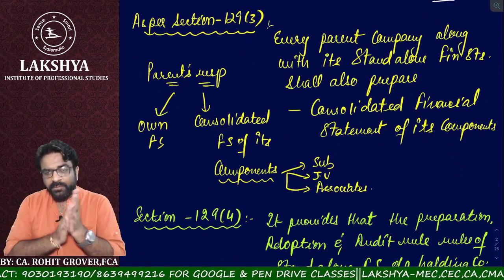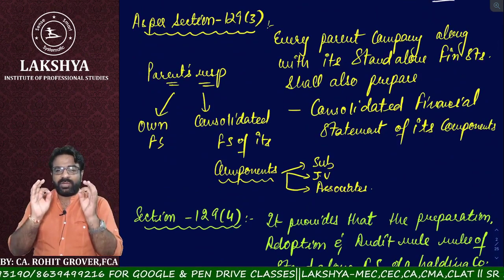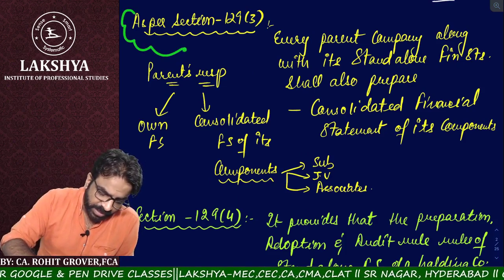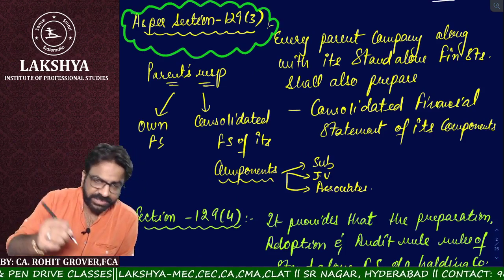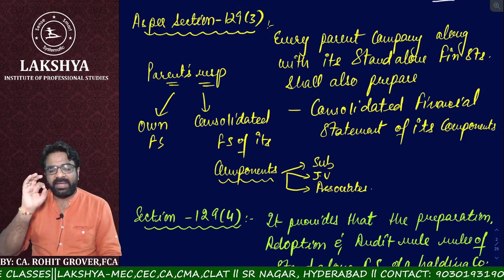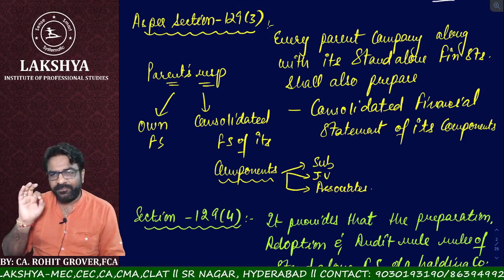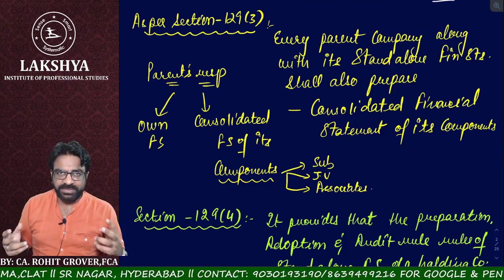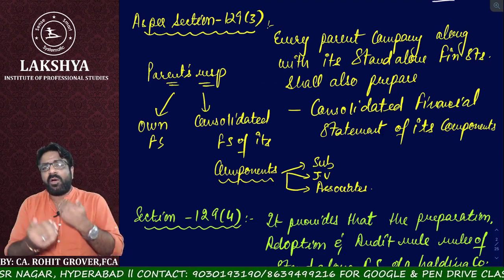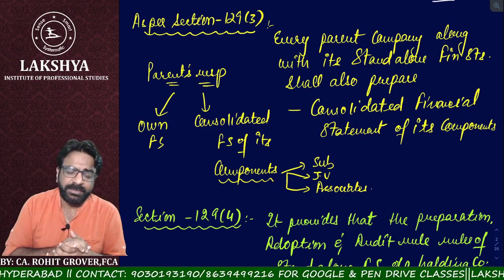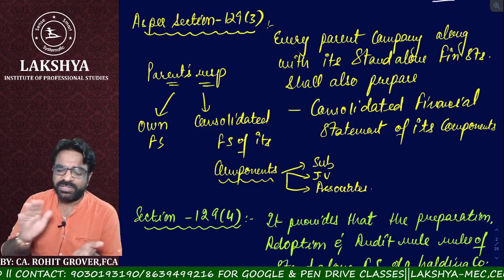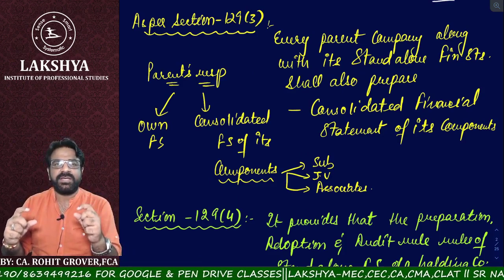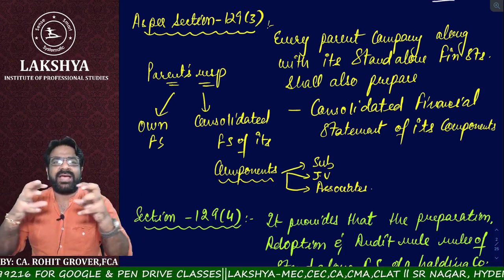Now, first of all, let me give you the introduction of section number 129 subsection 3. What is section 129 subsection 3 saying? That every parent company, along with its standalone financial statements, shall also have a responsibility to prepare consolidated financial statements of all as a group, as a whole.